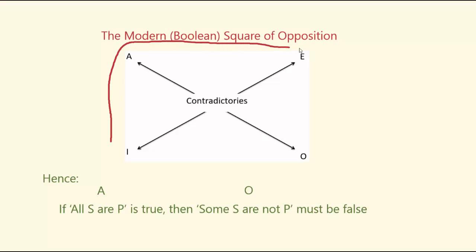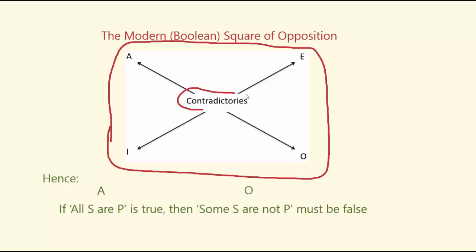So what we have here in this diagram is our modern or Boolean square of opposition, and the relationship that it informs us of is contradictories. So it tells us that A and O are contradictories, and it tells us that I and E are contradictories. And since these are contradictories with each other, they must have the opposite truth value.